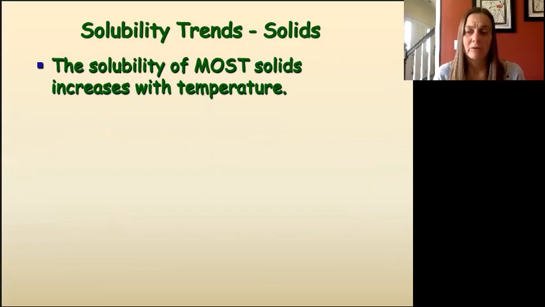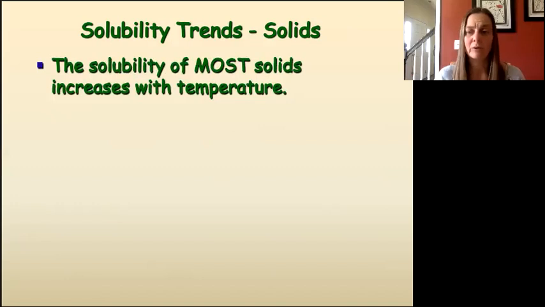As temperature increases, there's more movement of the molecules. Kinetic energy is directly proportional to temperature. And the particles are going to spread out, so it's going to make it easier for solute particles to separate and for solvent particles to get in and create those attractive forces.